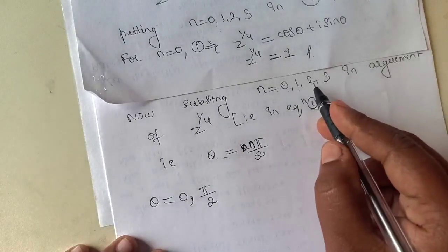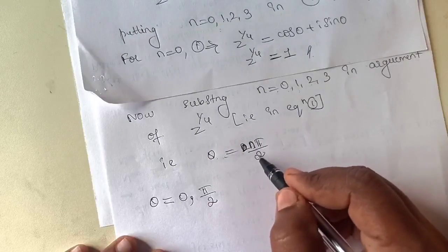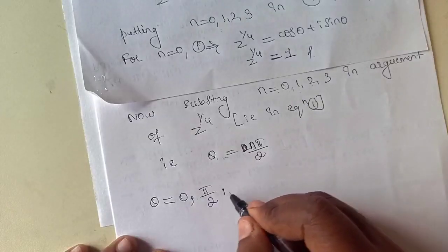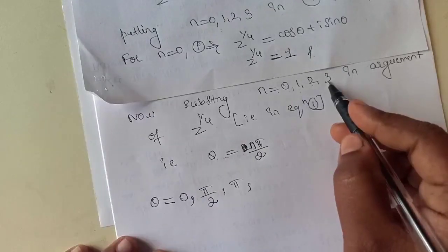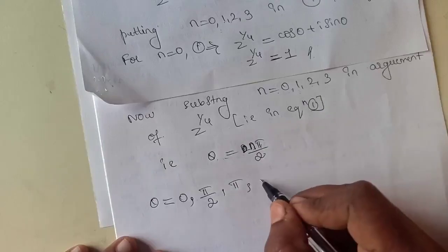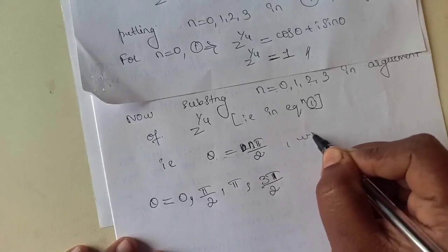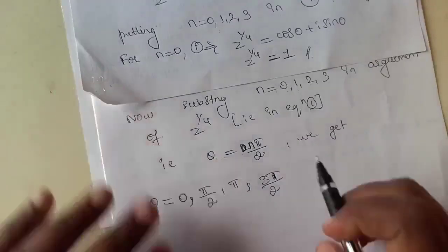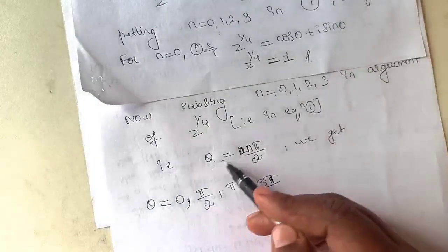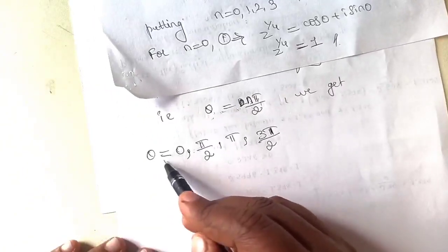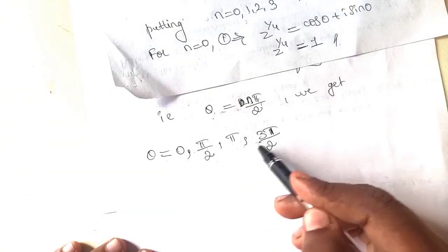Next substituting n equals 2, the 2 cancels, we get pi, and substituting n equals 3, we get 3 pi by 2. So on substituting n equals 0, 1, 2, 3 in theta equals n pi by 2, we get theta equals 0, pi by 2, pi, 3 pi by 2.